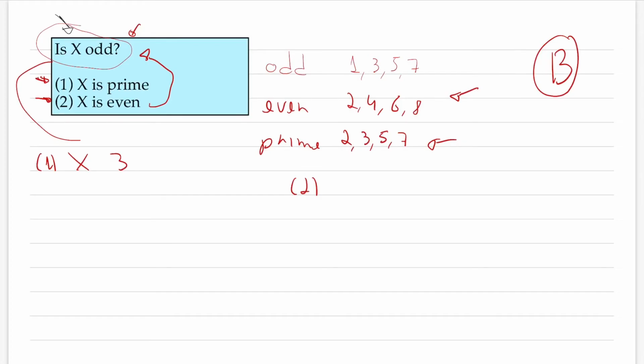But combining both, the only number that is prime and even is the number 2. And people will choose letter C, because letter C would say that I can find a number that is prime and even, and this number is 2. So they choose letter C, and this is a mistake.